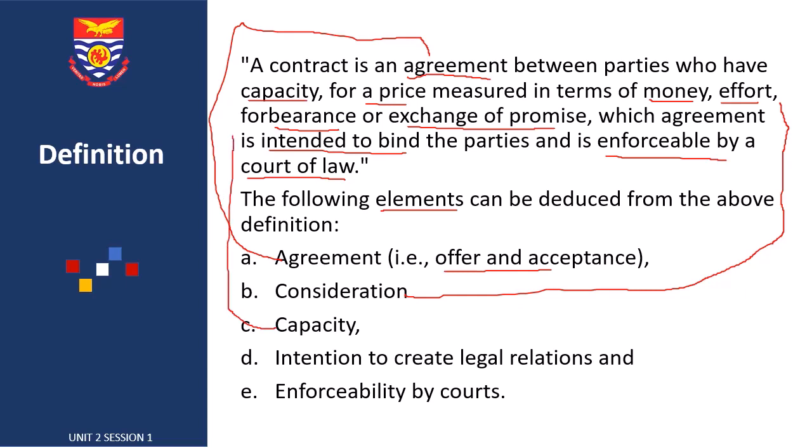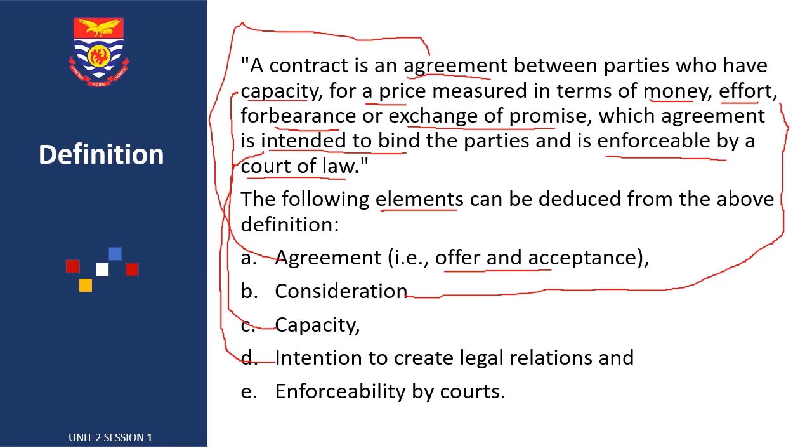You also saw that there should be elements of capacity. Capacity is your ability to enter into a binding contract. We also indicated that there should be intention to create legal relations. It means that the parties must have the intention that if any of the parties breaches the contract, he or she will go to court to enforce his or her rights.